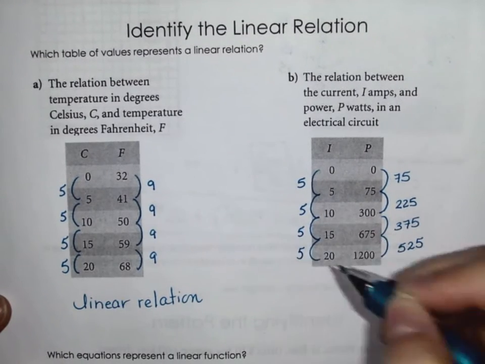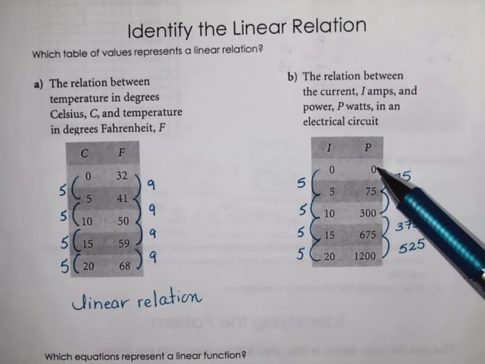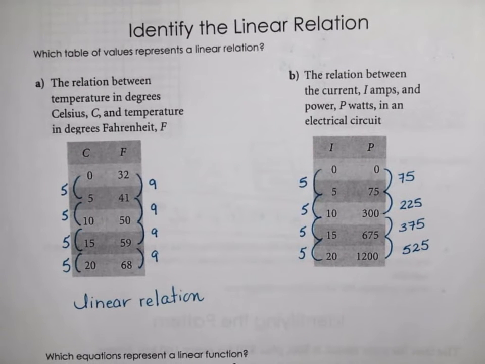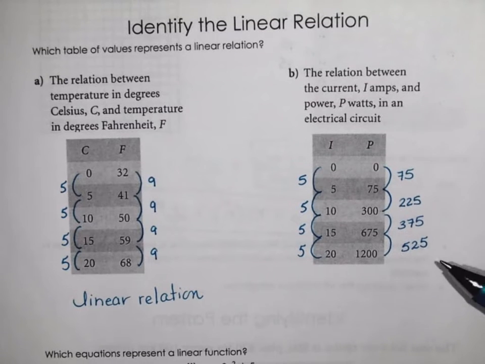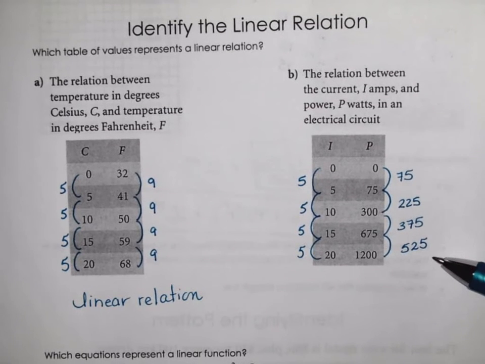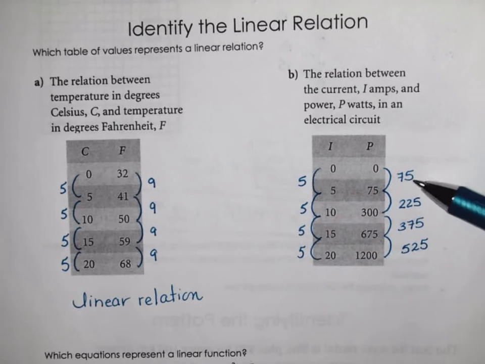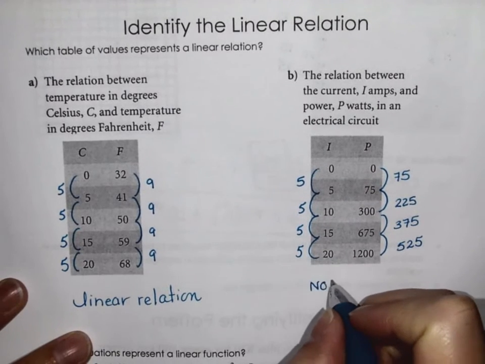Every time it goes up, the value that is added gets more. Oh, I see what you mean, Steven. So you add more every time. You're adding 150 to each one of these previous numbers. Is that a consistent pattern? No. So even though there's a consistent pattern on this side, there's not a consistent pattern on this side. So this is not a linear relation.